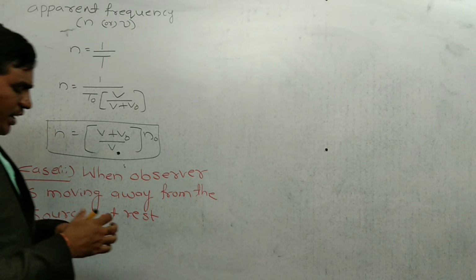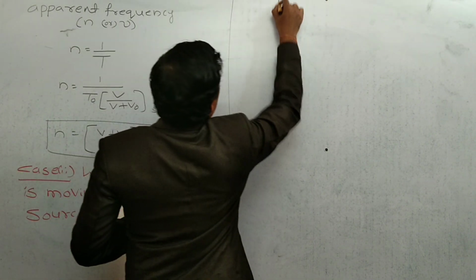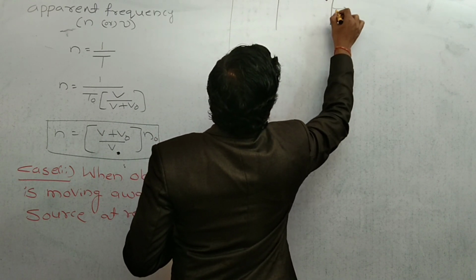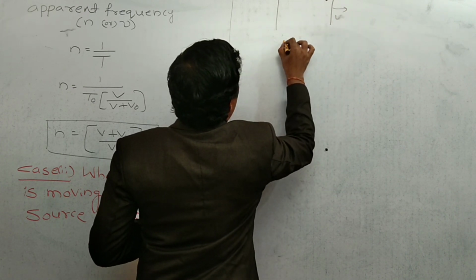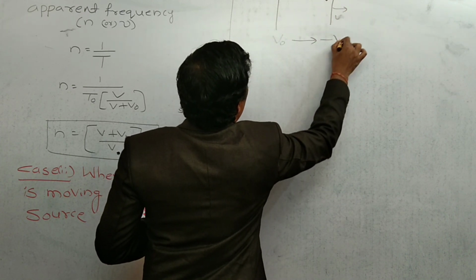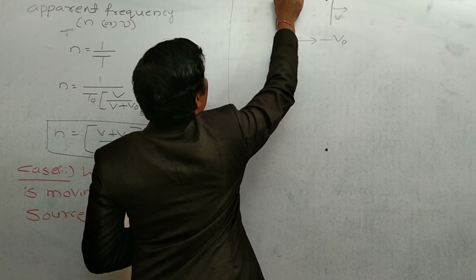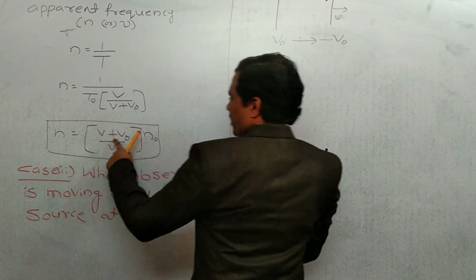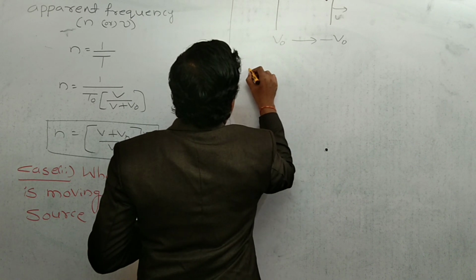Now in this case only the direction changes. Now the observer direction changes. So the velocity of the observer, v naught, is replaced by minus v naught, because only the direction of the observer has changed. So it is a source and it is the observer.